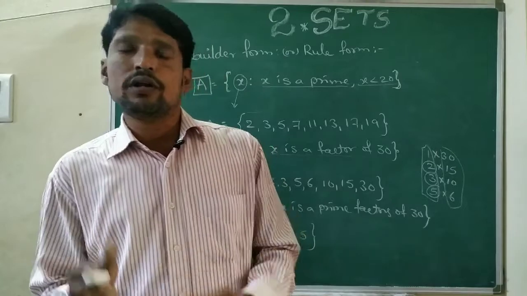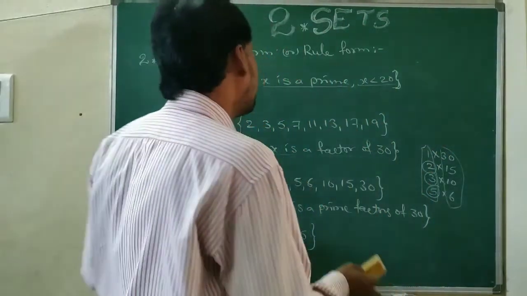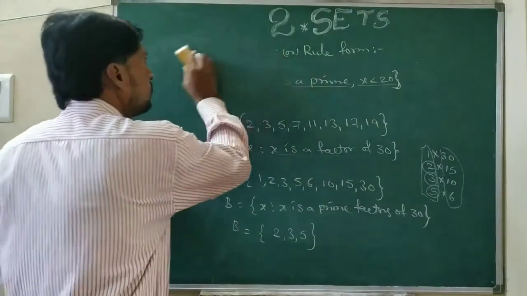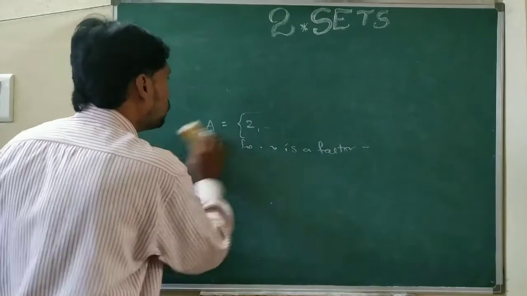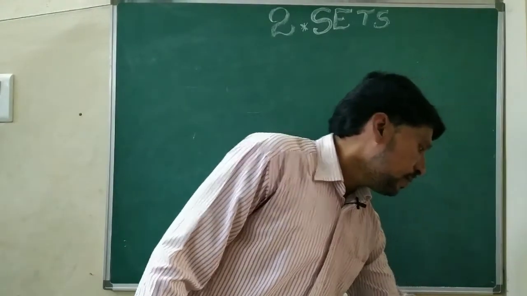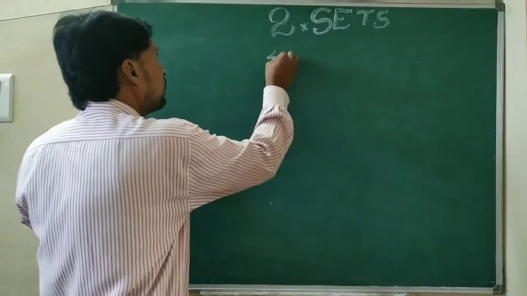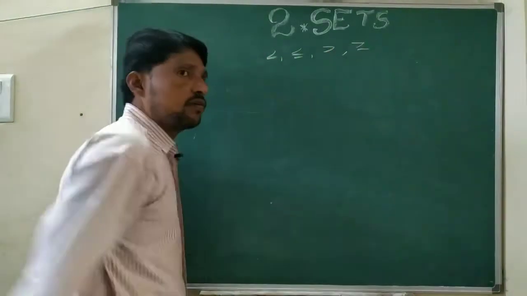Now one more important thing. Sometimes we write less than or equal to, greater than or equal to. So how do we have to use these symbols? Less than or equal to, greater than or equal to.